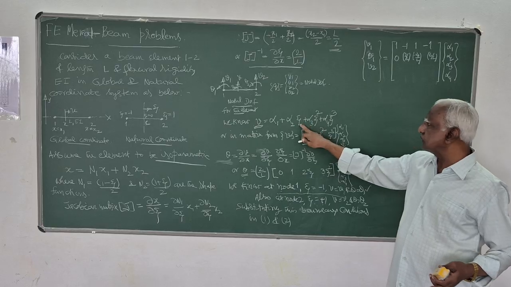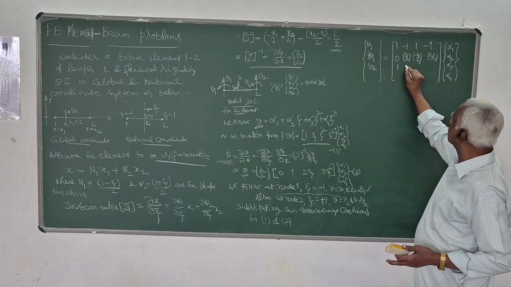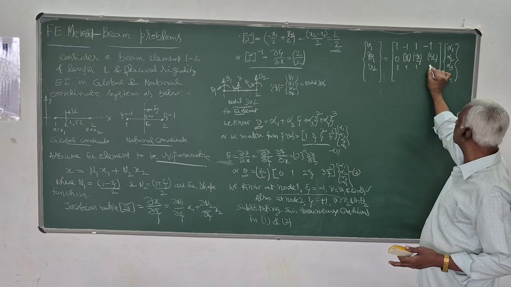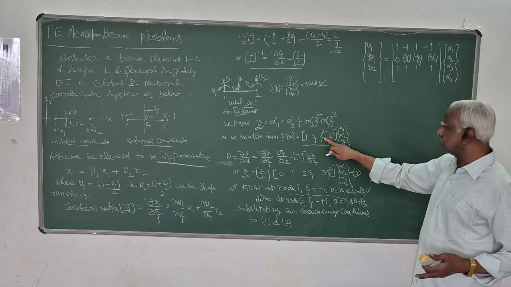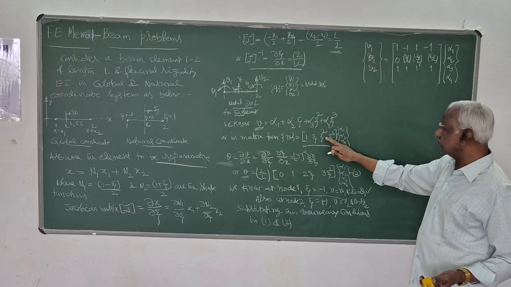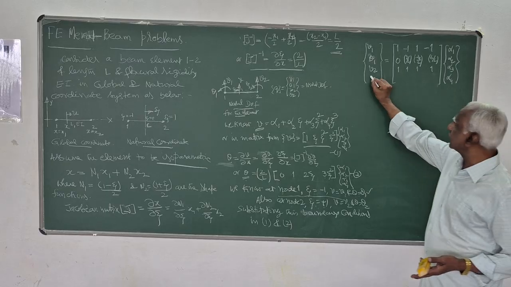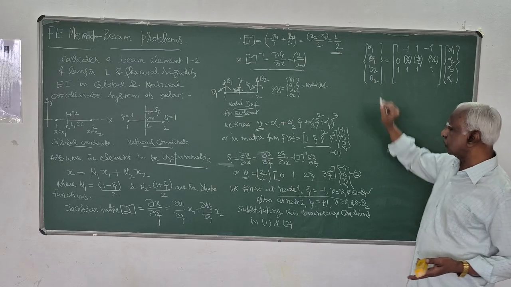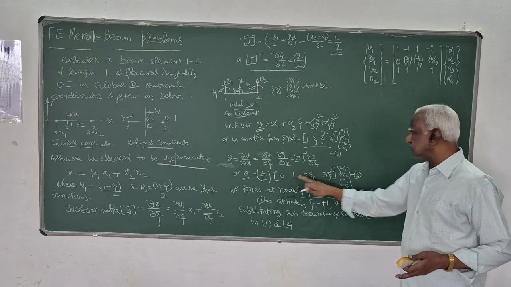I have to put psi is equal to plus 1. On the same lines, you will get 1, 1, 1, 1, z is equal to 1. Z equals 1 square, that is 1, z cube, 1 you will get. Then at theta is equal to theta 2 here, it is 2 by L into 1.